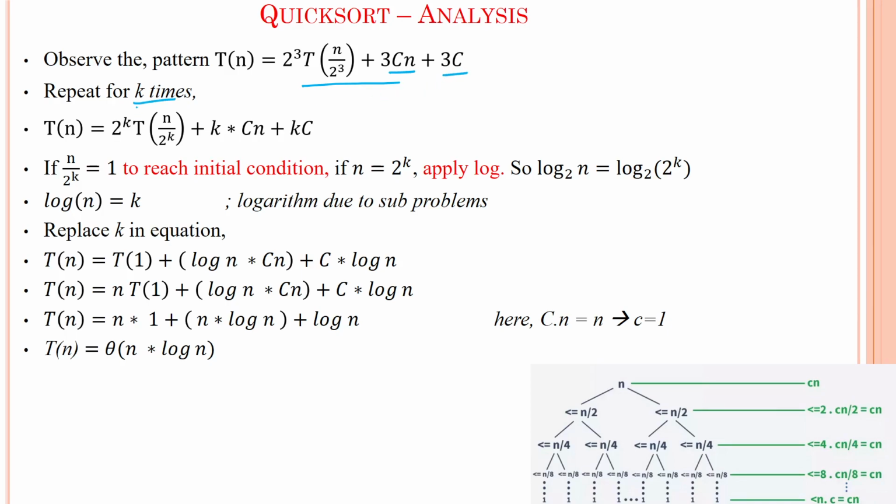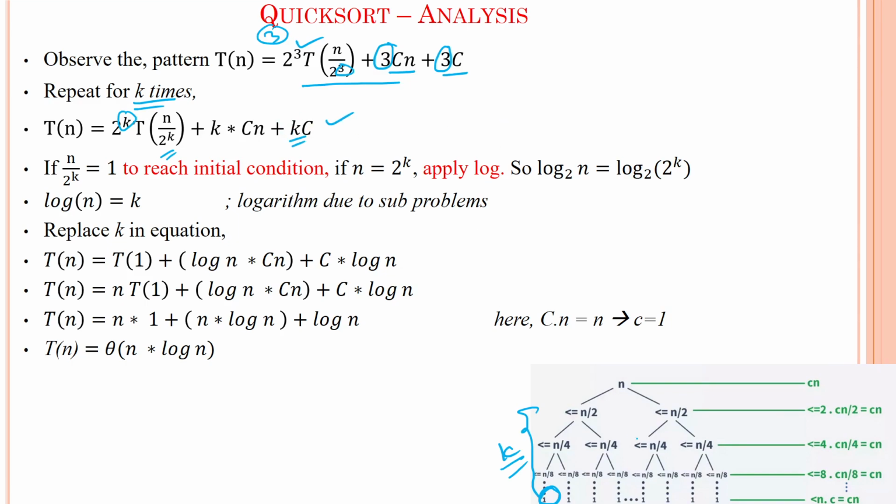So when you are repeating this k times, because you keep on doing this until getting the single element in the subarray, you assume this is k times. So when you are repeating this for k times, here you will substitute the k, because this is the third time. Like that, k times: 2 power k t of n by 2 power k, then this is k times cn, this is also k times constant.